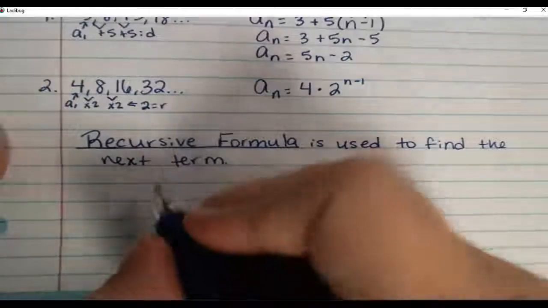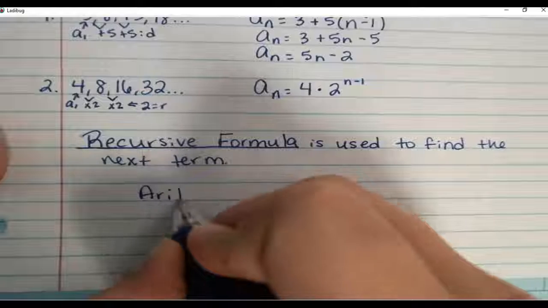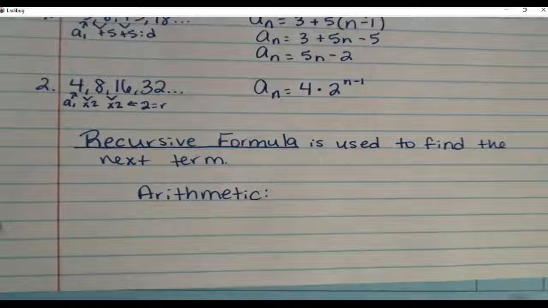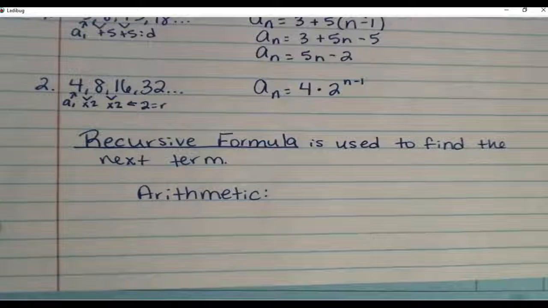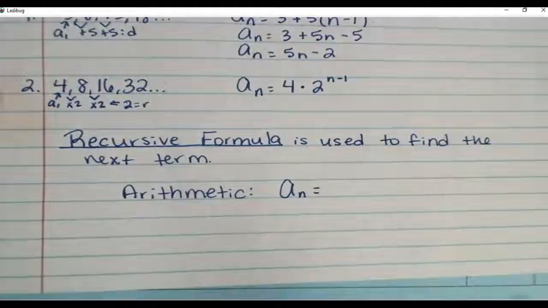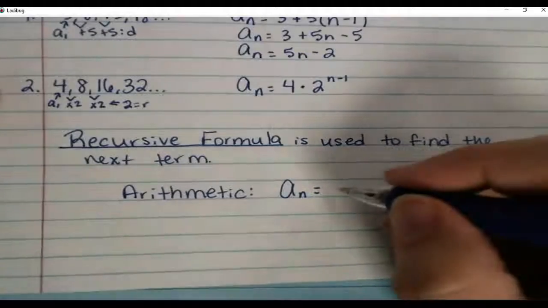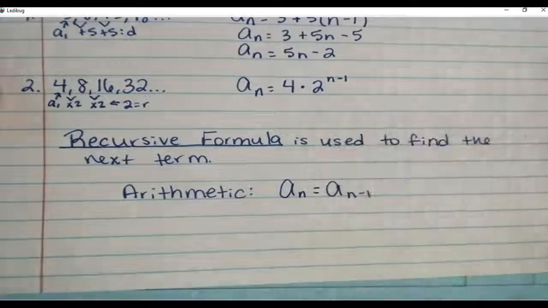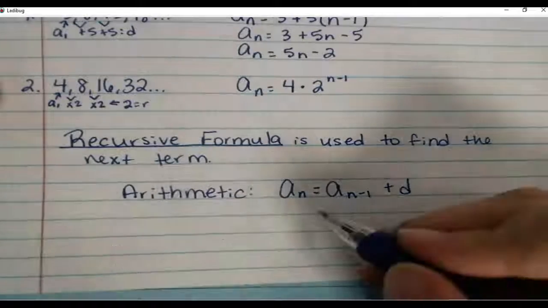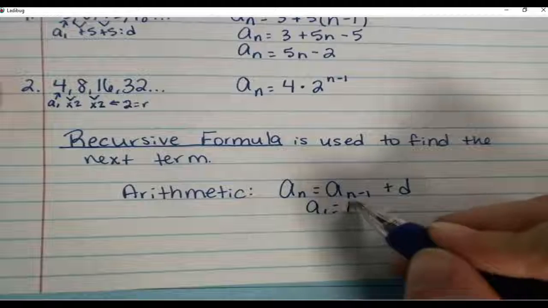So again, you still have to figure out if it's arithmetic or geometric. So if it's arithmetic, it looks like this. A sub n equals a sub n minus 1 plus d, and a1 equals a number.